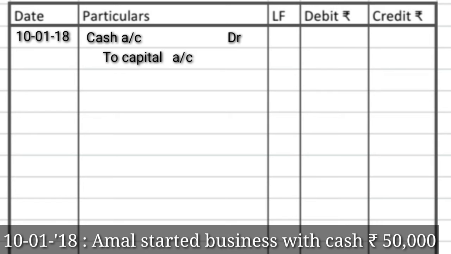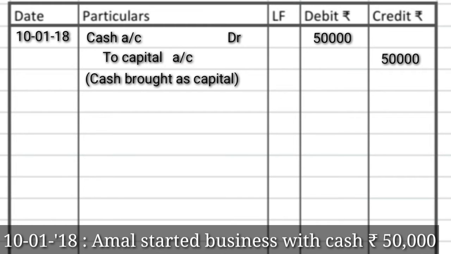The amount column: 50,000 and 50,000. After the journal entry, we should write a brief description, that is the narration. Here we can write cash brought as capital. Then draw a line.